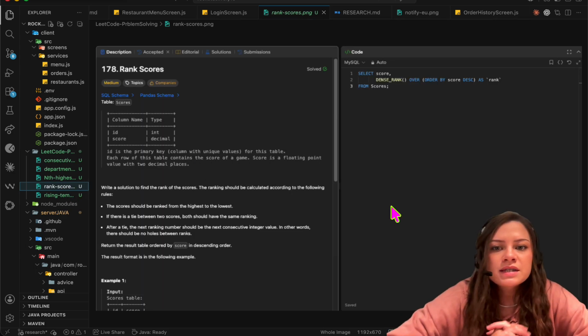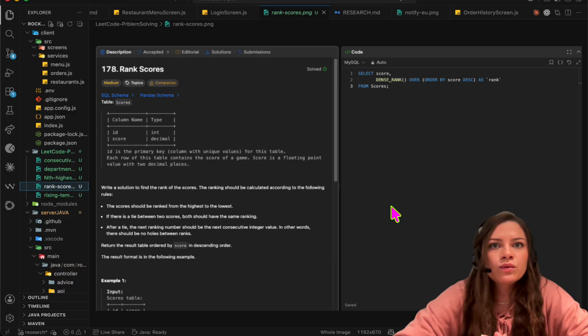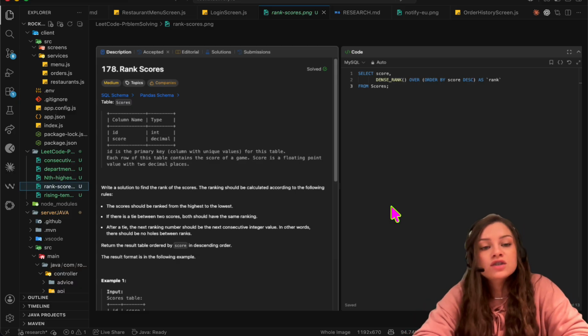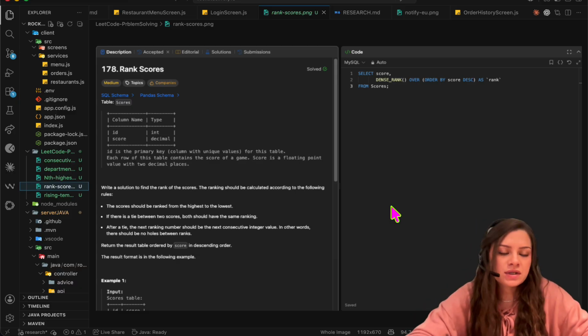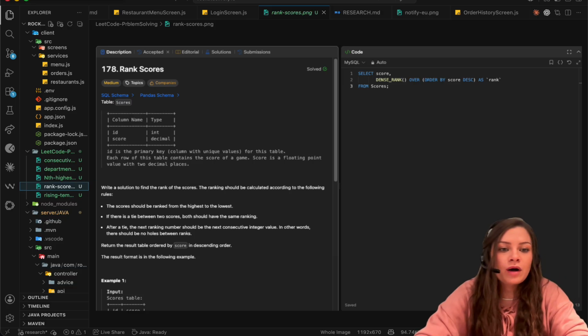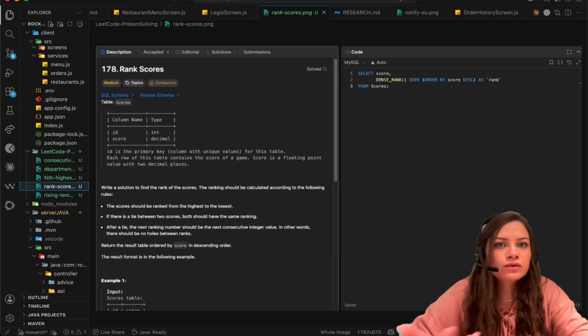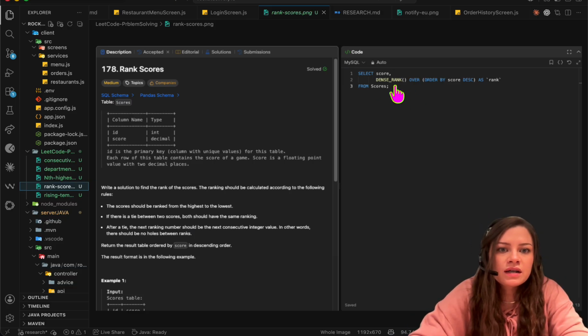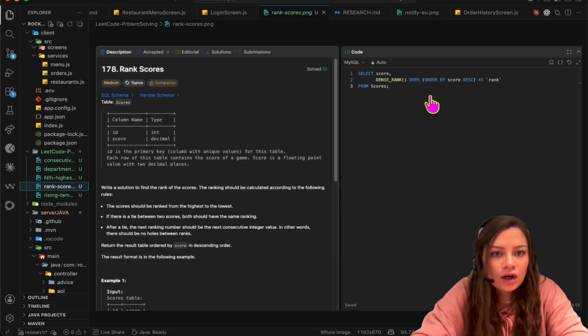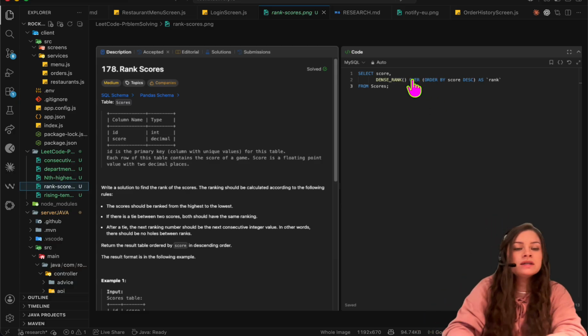This problem is asking us to rank everyone highest to lowest, ties share a rank, and there can't be any gaps in the numbering. This is the type of problem that window functions were built for. DENSE_RANK assigns a rank based on the ORDER BY inside of the OVER clause. So here score is descending.